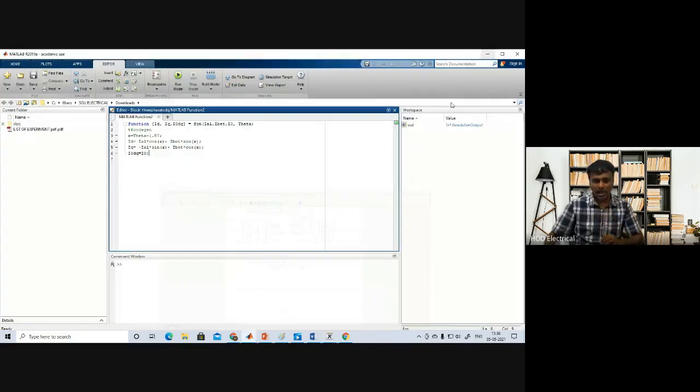So in this MATLAB simulation, a predefined model, all the conversions are 90 degree leading. Therefore I have added theta minus 1.57 here. The angle is 90 degree; I am making it as lagging.